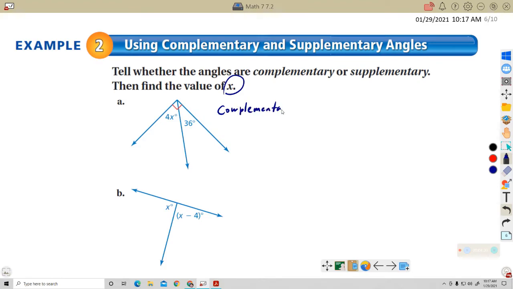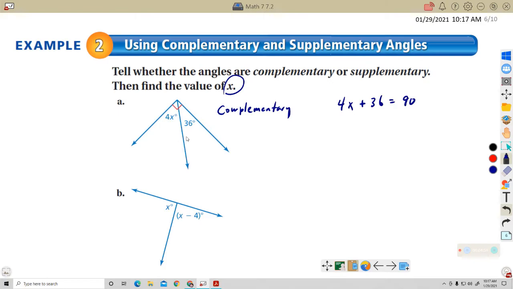But I'm not so concerned with that at this part. I'm going to add these together. So 4x plus 36 equals 90. Now I'm going to solve for x. Now this is 4x. It's not x.